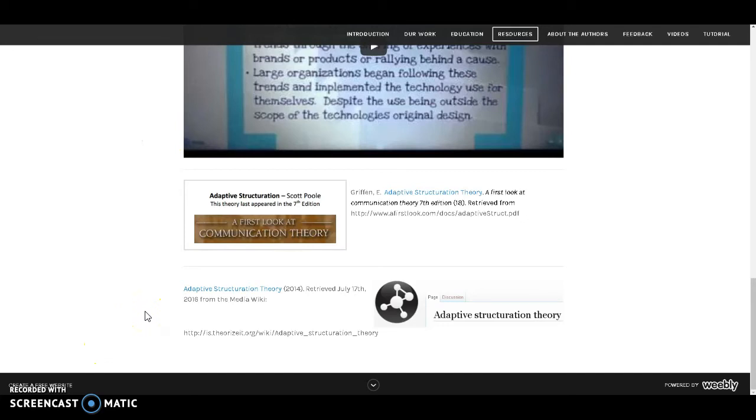Lastly, on this page, you'll be provided a link to the Adaptive Structuration Theory wiki page, which gives you access or links to various further resources. It gives you a good understanding of the foundations, characteristics, people involved, the authors, and whatnot.